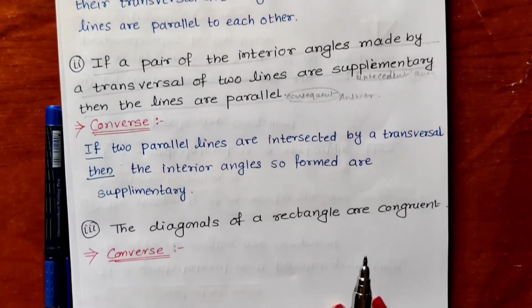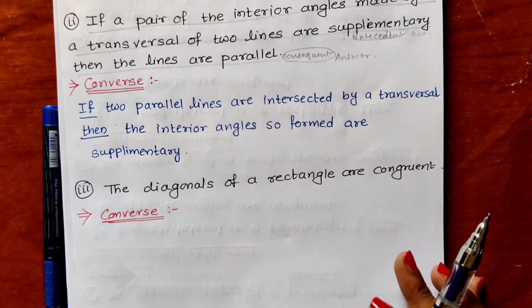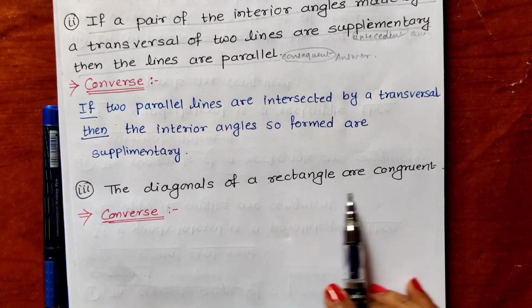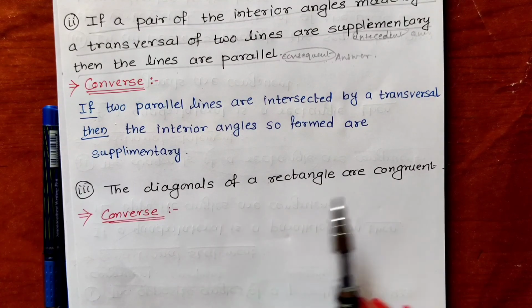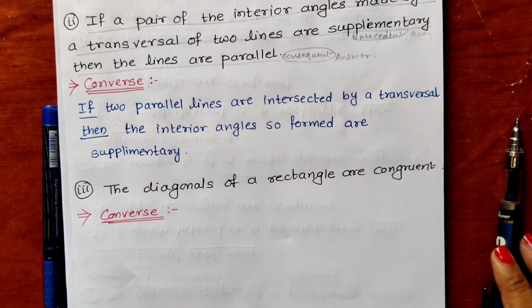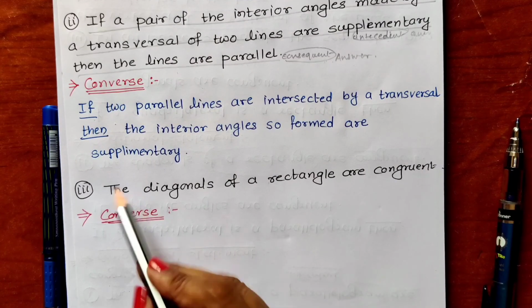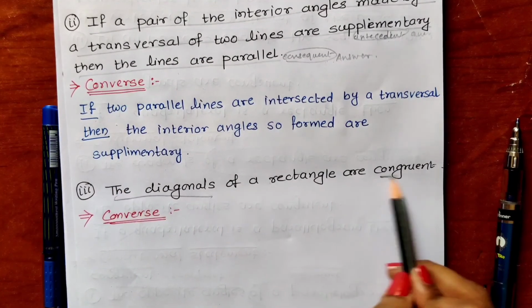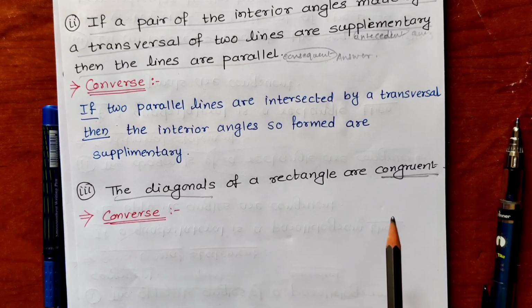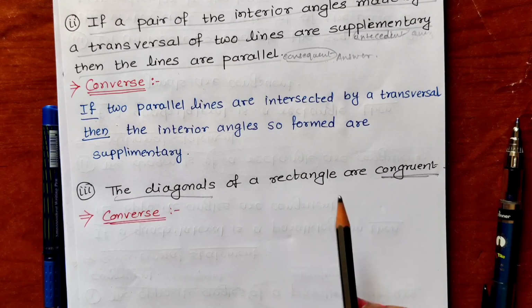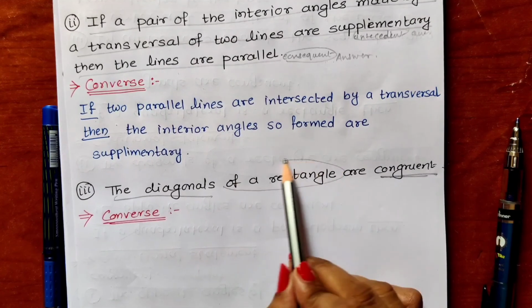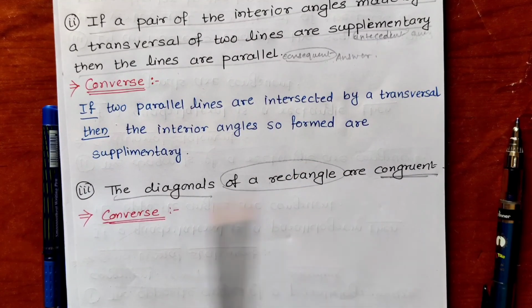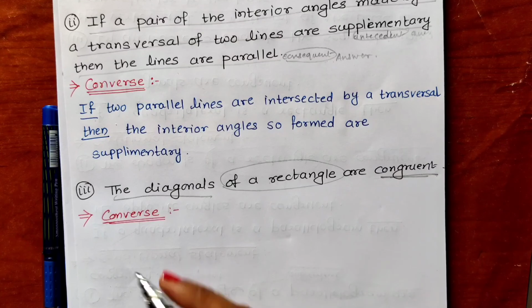Now let us see this last sentence. The diagonals of rectangle are congruent. What is congruent? Diagonals. So diagonals congruent. Diagonals are congruent is question here. Correct? And the rectangle is the answer here. Now we have to interchange it. So how to interchange?